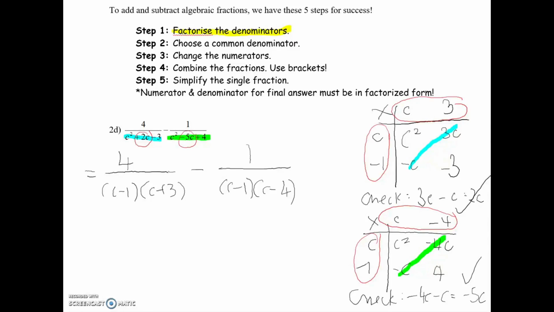Now let us compare the denominators of these two fractions. Realize that the only common factor that we have is c minus 1. Since for step 2, we need to make the denominators the same, we know that we need to multiply the first fraction by c minus 4.